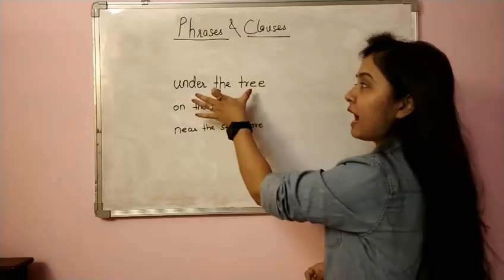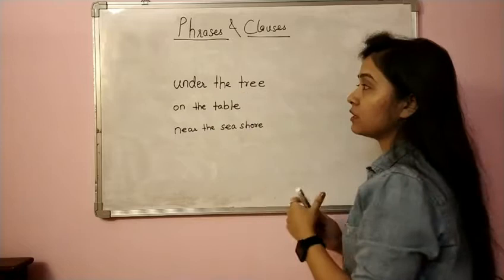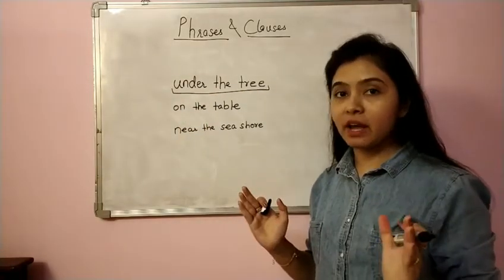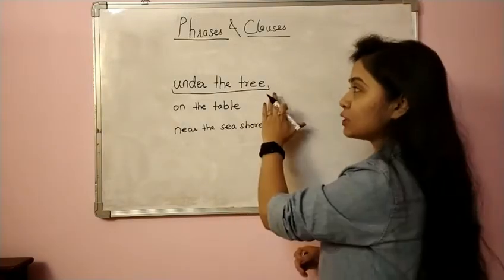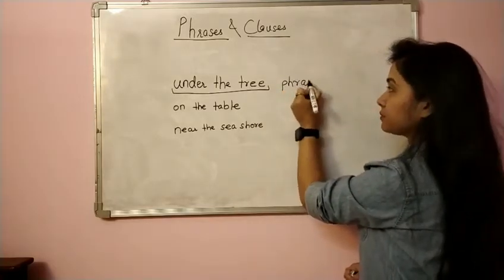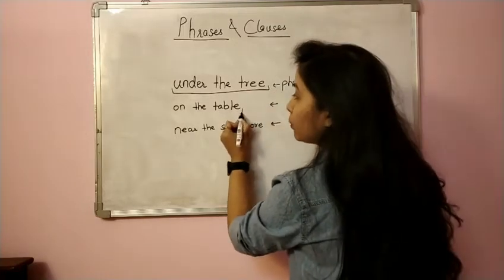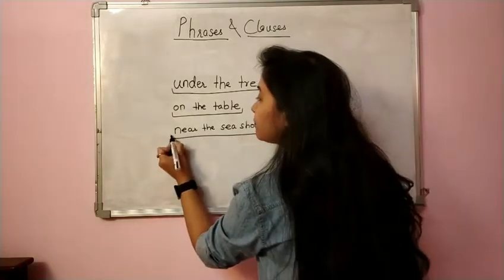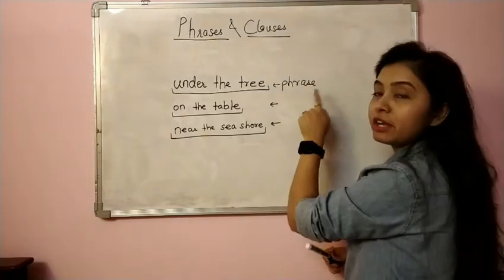So, this has some meaning, but it's not complete. So, a group of words which has some meaning, but the entire meaning of the sentence is not clear, is known as a phrase. This is a phrase. A group of words which has some meaning, but does not explain the entire meaning of the sentence is known as a phrase.